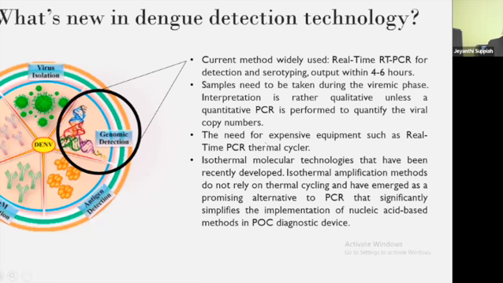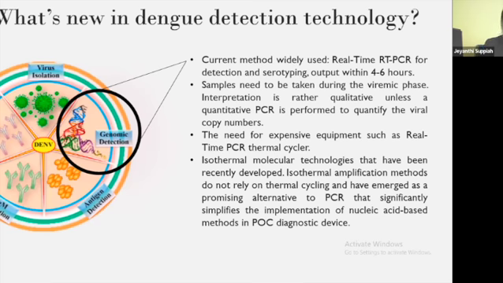However, the limitation with real-time RT-PCR is the need for expensive equipment such as a real-time PCR thermal cycler. So in resource-limited settings, poor resource countries, where they do not have access to such highly sophisticated equipment, this might be a bottleneck.